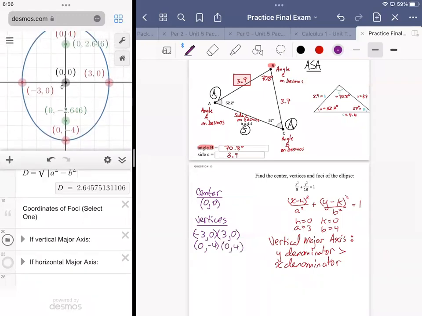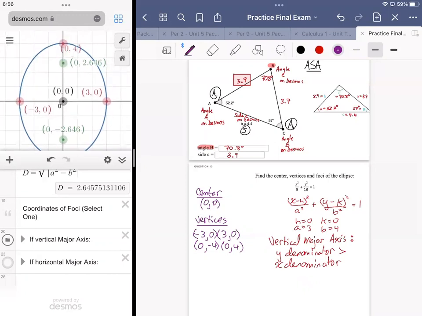And then for your foci, as long as you determine the type of major axis, vertical or horizontal, that'll get plotted for you. So 0, 2.646 and 0, negative 2.646.